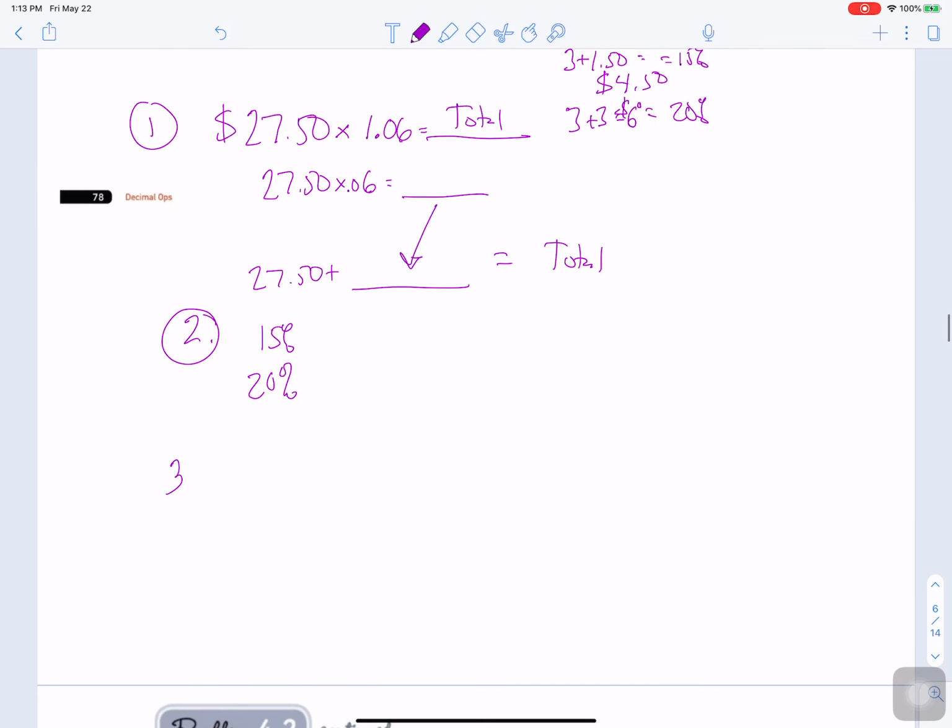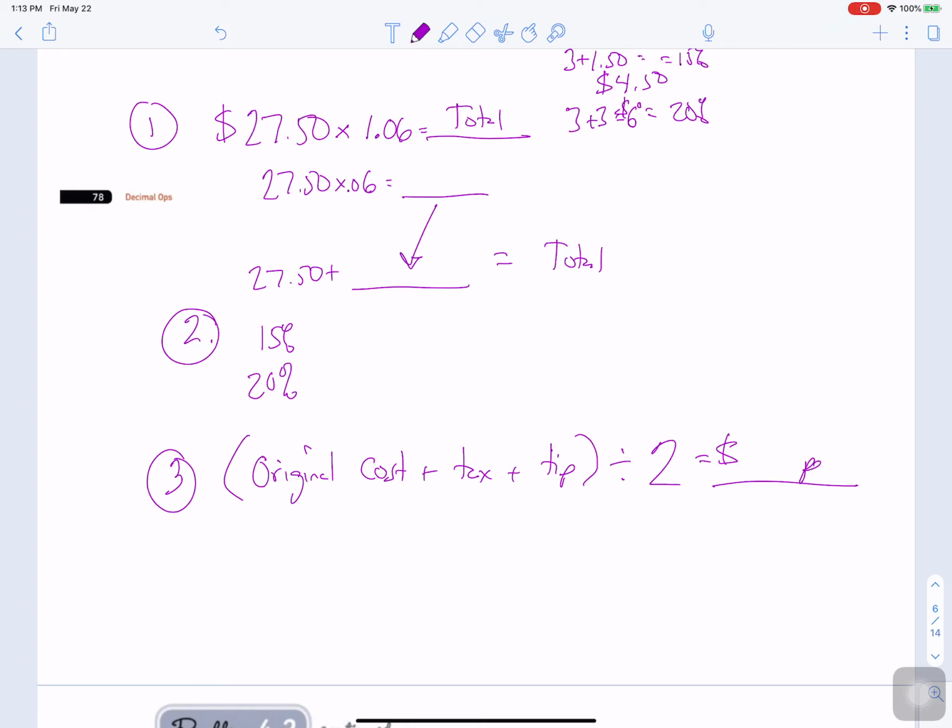You have your original amount plus your tax plus your tip, all of that combined, divided by however many people you have. If you have 2 people, you divide by 2. If you have 3 people, you divide by 3. Then what is the cost per person? I'd like you to figure that out.